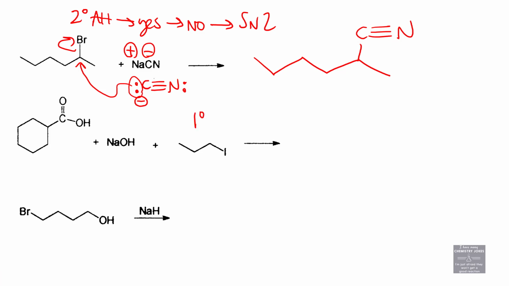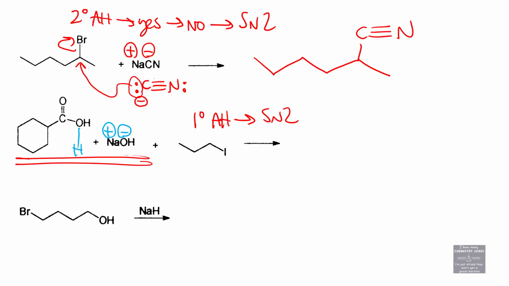All right. We've got a primary alkyl halide, and our flowchart says SN2. Almost exclusively SN2 when you have a primary alkyl halide. Why do I have these two things over here? What are those there for? Well, when I have hydroxide in solution with a carboxylic acid, acid-base reactions happen faster than other things.